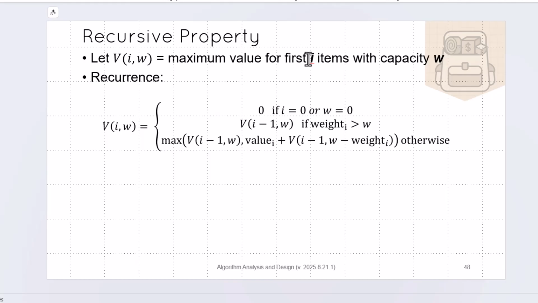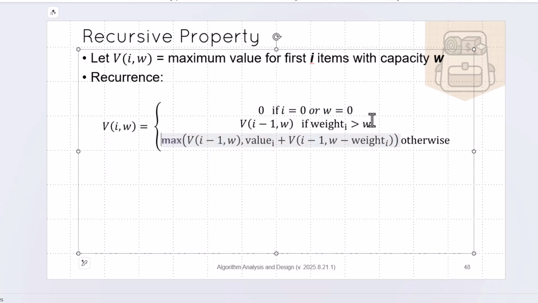So the recursive property for the 0/1 knapsack is: let V(i, w) equal the maximum value for the first i items with capacity w. And the recurrence looks like this. V(i, w) is equal to 0 if i is 0 or w is 0. Otherwise, V(i, w) is equal to V(i-1, w) if the weight at i is greater than w.